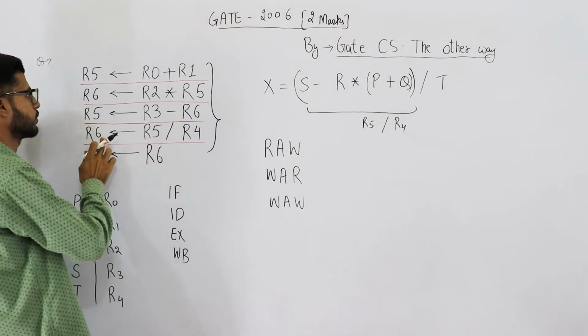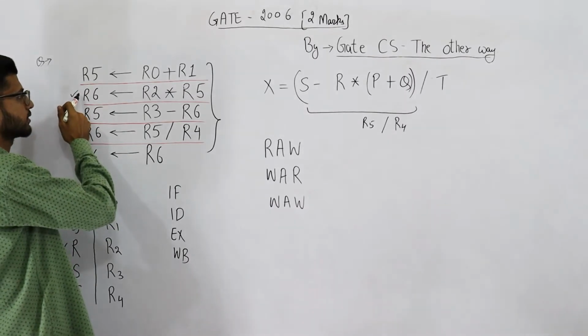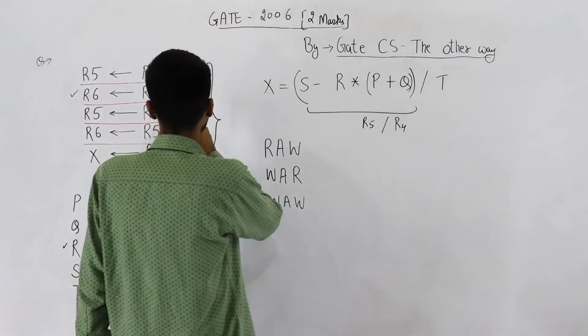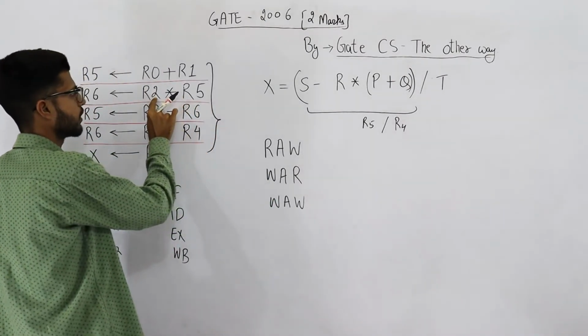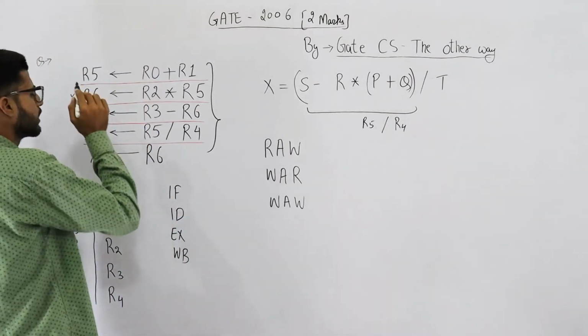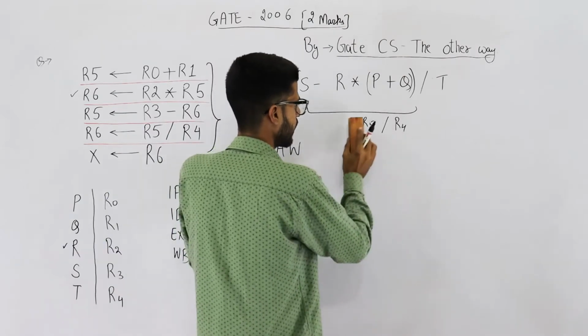So they are saving into a register R6, which is reused because R6 has already been used in the second instruction. Now because we don't need this value, product of R2 and R5 is no longer required, we can use this register R6. So this value is saved in register R6.